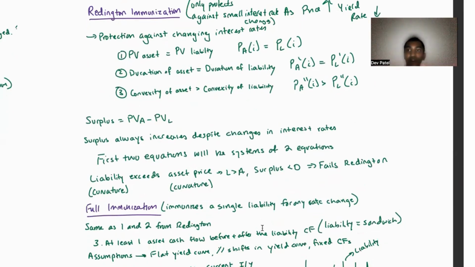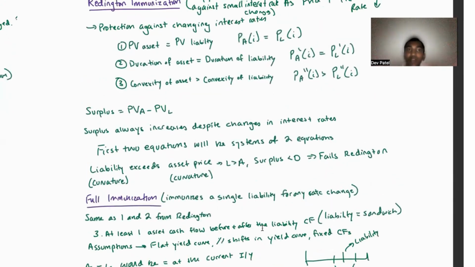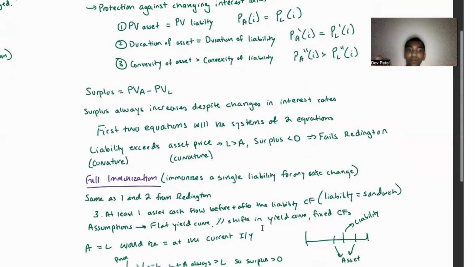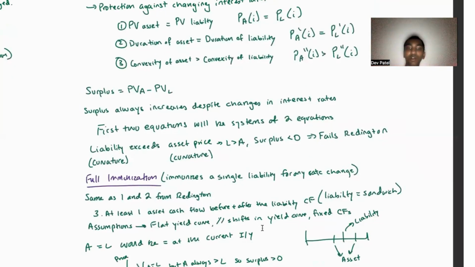And again, this is stricter in terms of what it actually requires. But you can think of it this way: if any portfolio satisfies full immunization, then it also satisfies Redington immunization. The two requirements are the same as in Redington immunization. The only difference is in the third part, where you must have at least one cash flow before and after the liability. So you can think of the liability being sandwiched between two different assets.